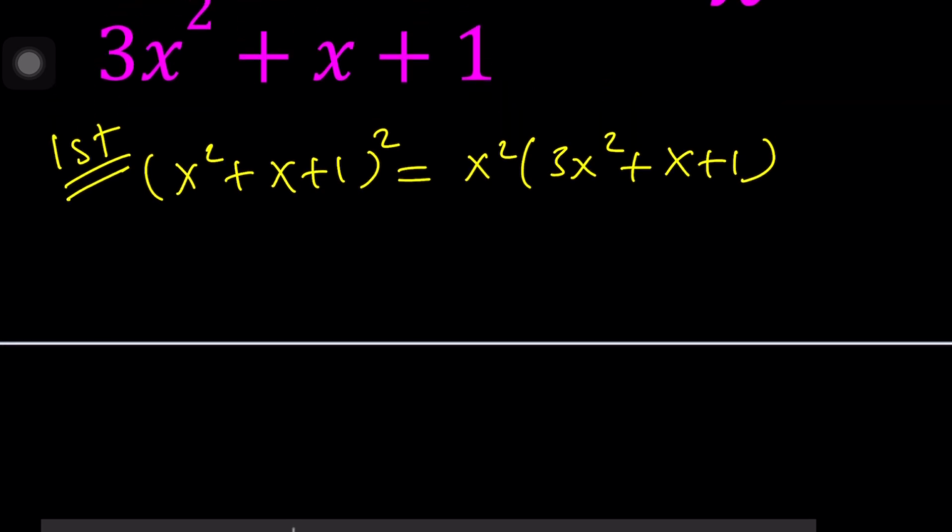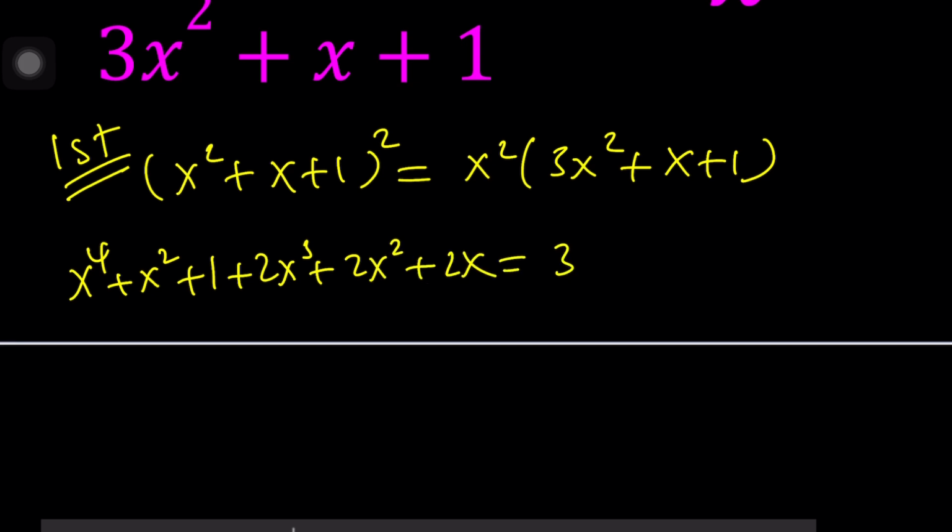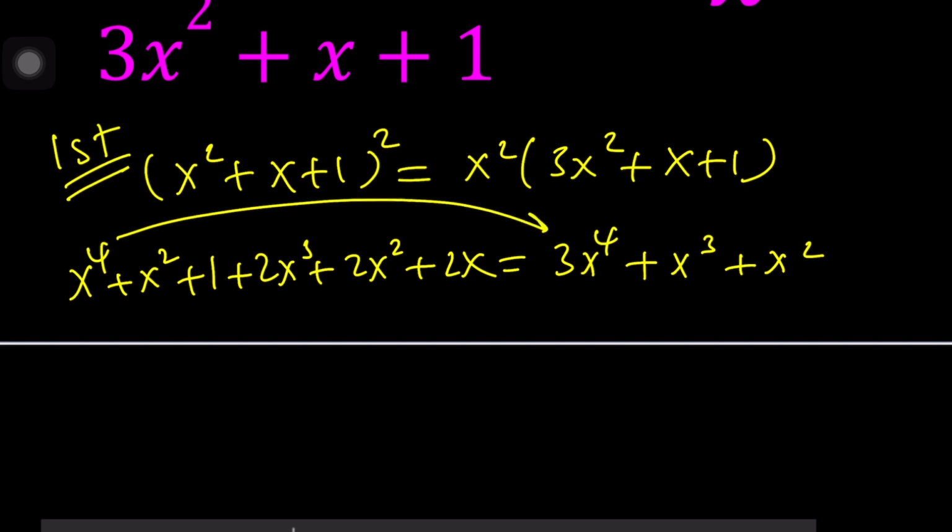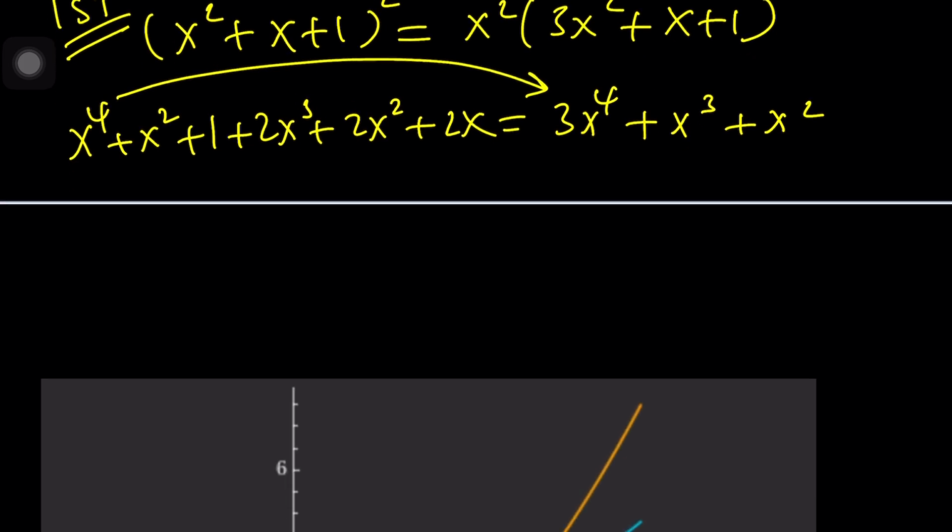And if we expand it, that's going to give us x to the fourth plus x squared plus 1, and then 2x cubed, and then 2x squared, and then 2x. And on the right, 3x to the fourth plus x cubed plus x squared. So let's go ahead and combine like terms. We could bring everything over here so that x to the fourth is positive. That gives us 2x to the fourth.